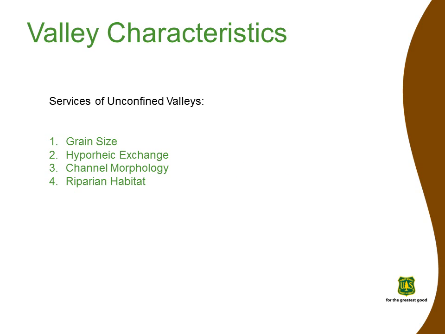Unconfined valleys have differences in hydraulics because they can adjust laterally, or side to side, across the valley to those water and sediment inputs. Because of this, smaller grain sizes get deposited, let's say the size of gravels.